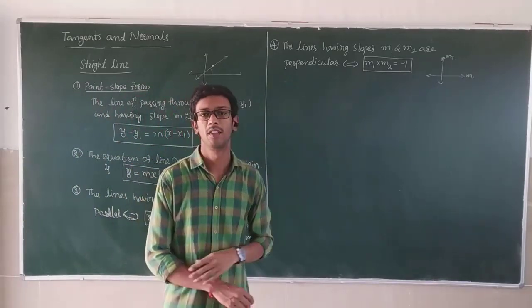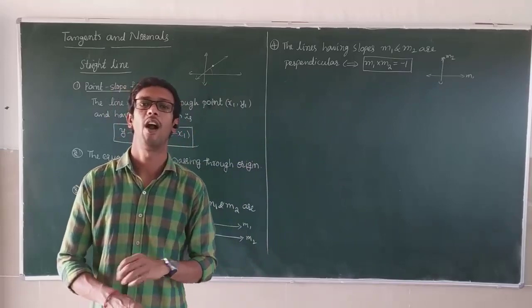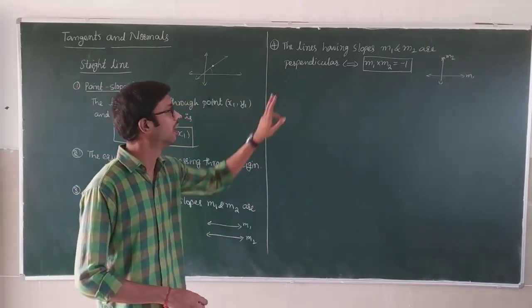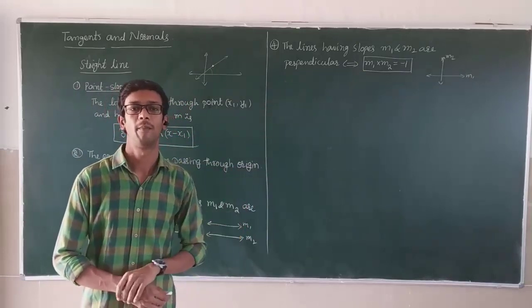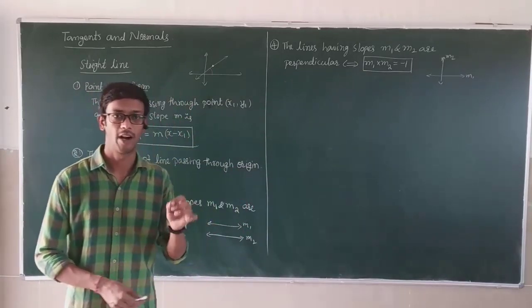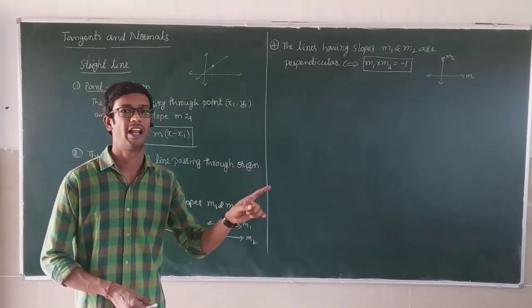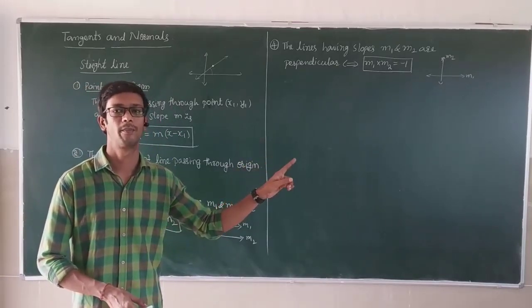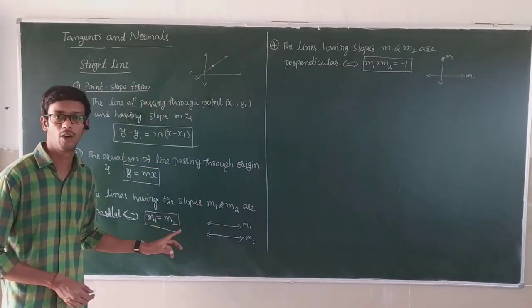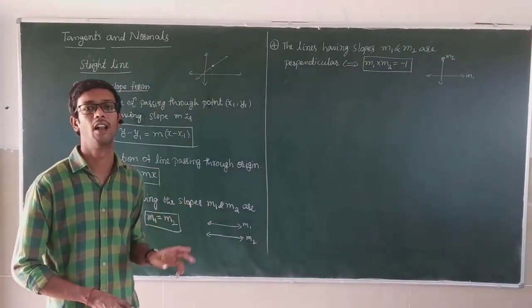If the product of the slopes is equal to -1, the condition is satisfied, which means the two lines are perpendicular. If the slopes are equal, then the lines are parallel.